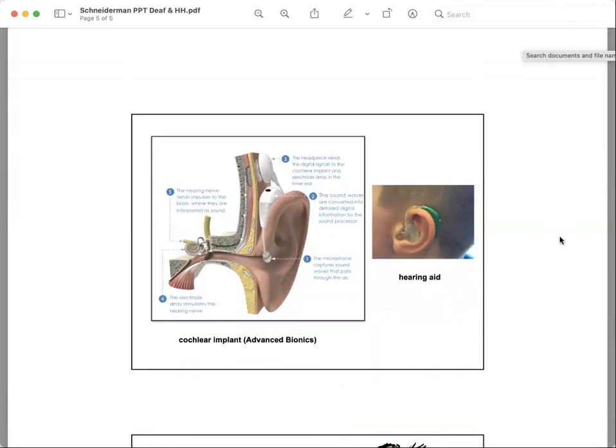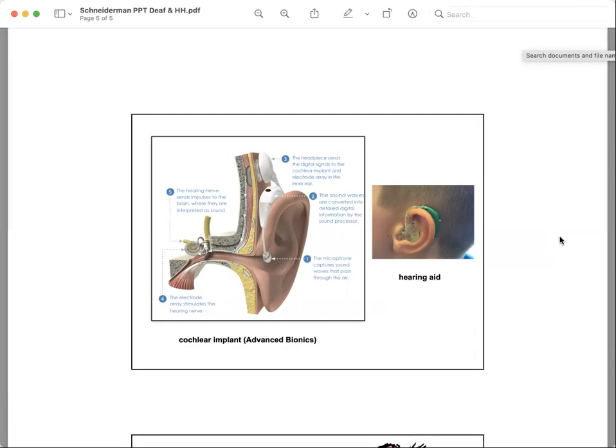So if you remember, at the beginning of the lecture, we looked structurally at some of the types of hearing loss. A conductive hearing loss has to do with complications of the outer or the middle ear. There are different types of surgical procedures that can be used to open up whatever barriers or problems are happening with the inner and outer ear.